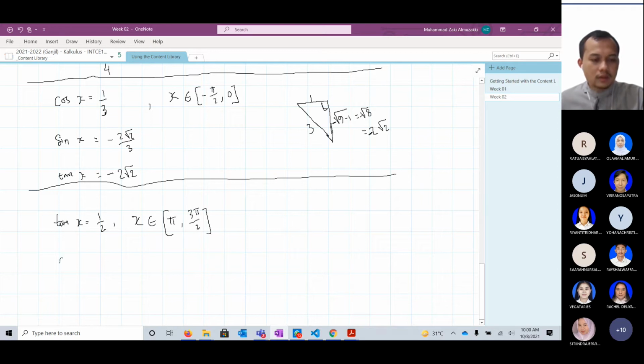What is the value of sine of x? And what is the value of cosine of x? Now you do it and let me know what is the value of sine of x and what is the value of cosine of x. One minute. Is it enough?